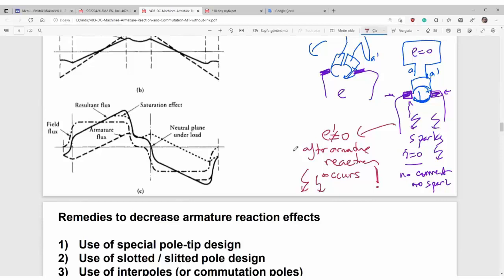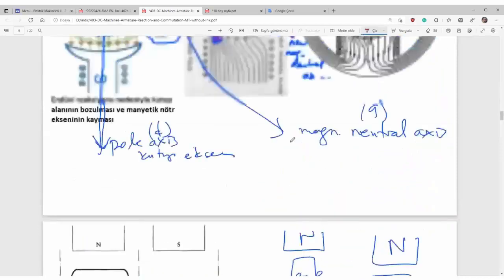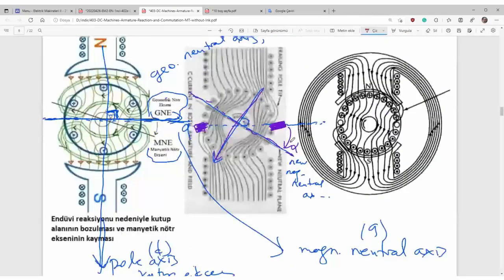There will be no spark, but after rotor current, there's a new magnetic realignment. The magnetic neutral axis will have a new position, but your brushes are at a fixed point. So there is an induced electromotive force for the coil under commutation.